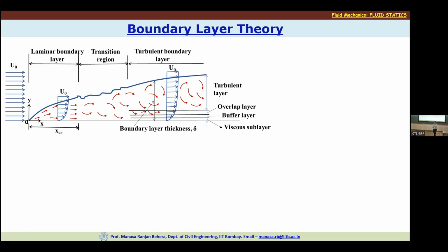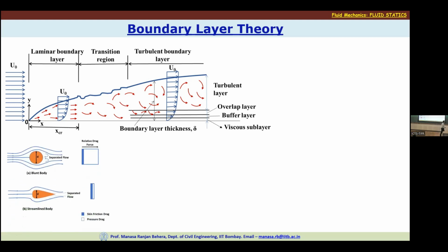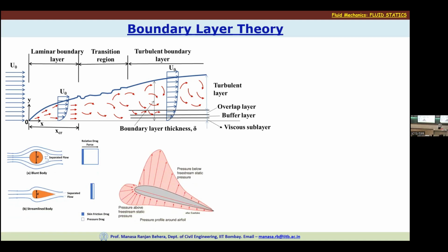But anyway, I will not explain the boundary layer theory as such right now, I just wanted to place its importance. So these are the various drags and so on that we deal with in the boundary layer. Again, you talk about airfoils, the variation of pressure distribution and the lift force that acts on them, all of which again start from boundary layer theory.